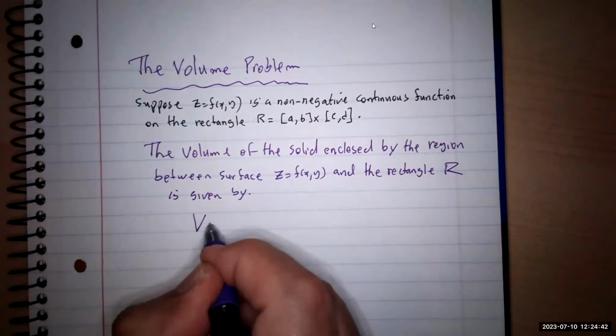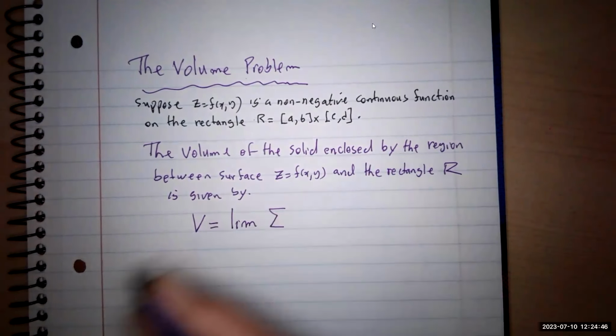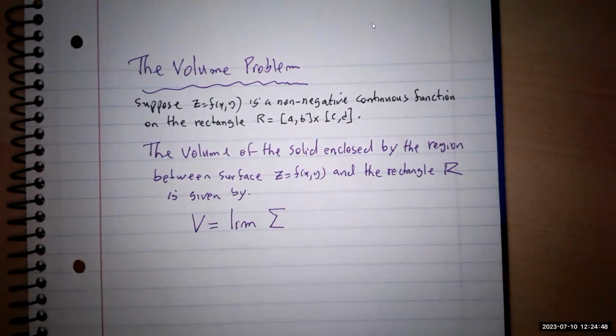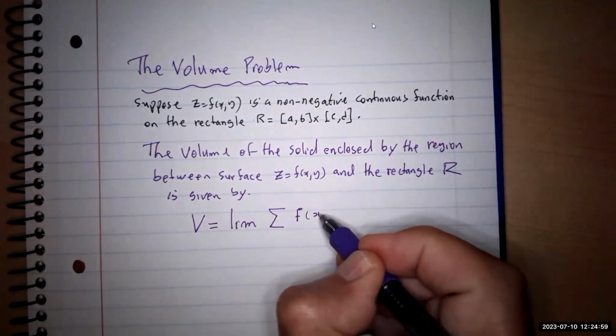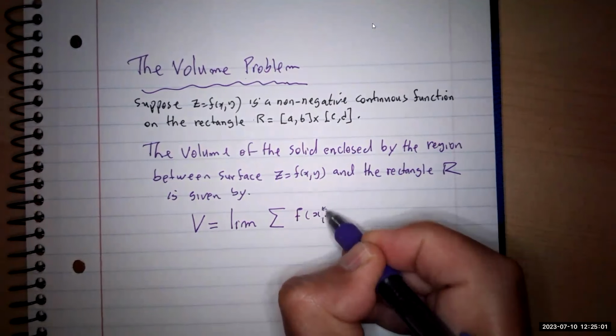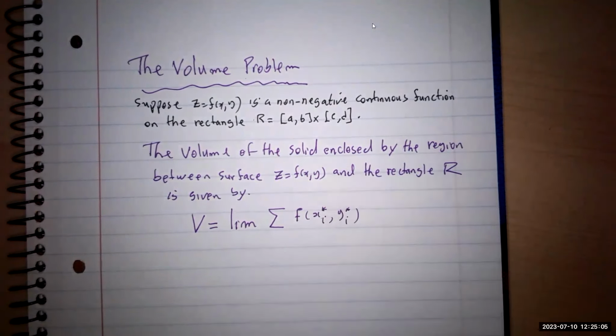So it's going to be V equal to the limit of sigma. We put them together and then we make it finer and finer. We increase the number of partitions as in the case of one variable. So you're going to have those bits, remember, it's going to be ci, or I just call it xi star, yi star. This stands for that ci in one dimension, a function of one variable.